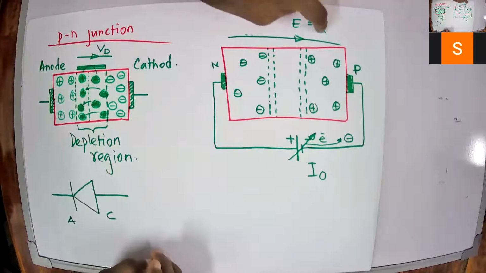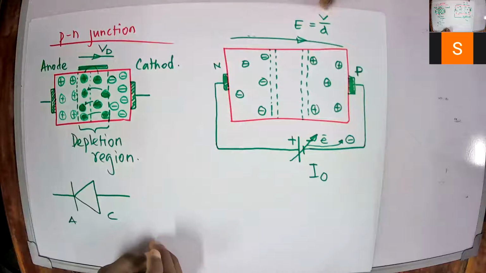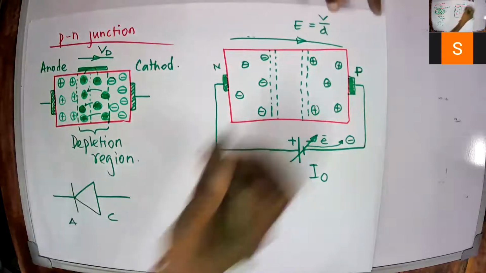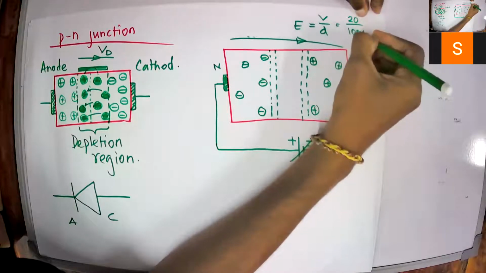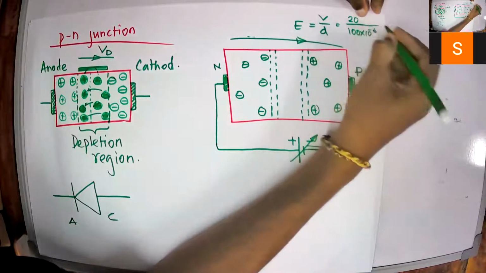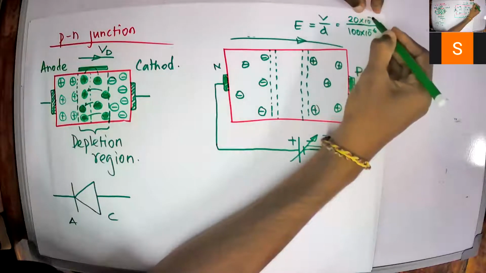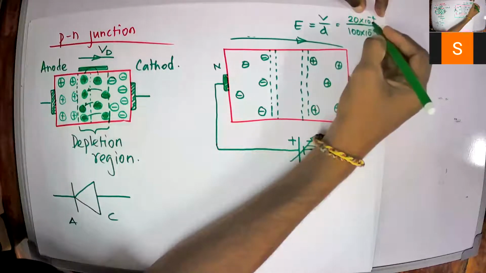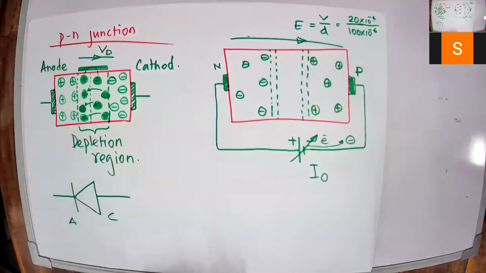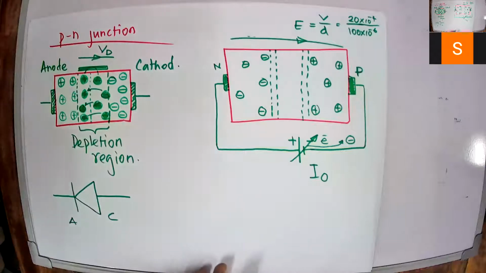For example, if D is 100 micrometers, even if you apply 20 volts, 20 by 100 into 10 to the power minus 6, so 10 to the power minus 4, the electric field will be 200,000 volts per meter. It will be a massive electric field.